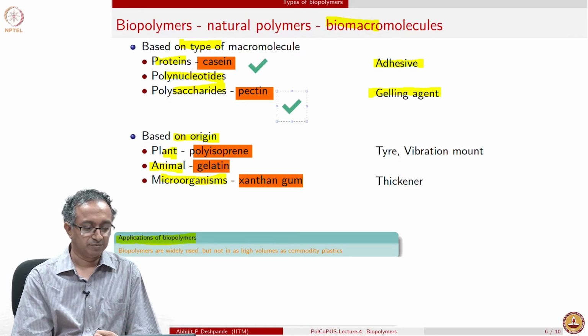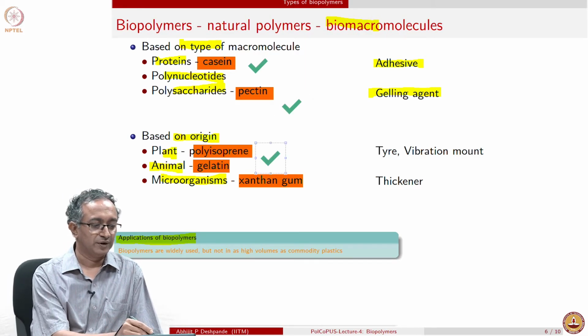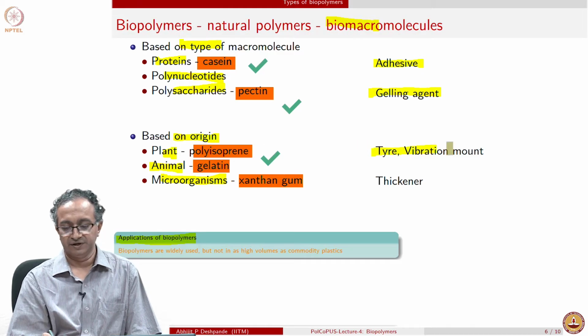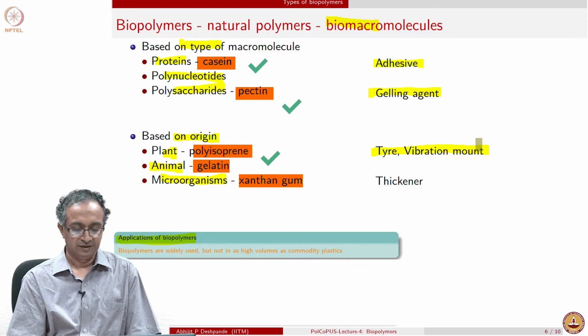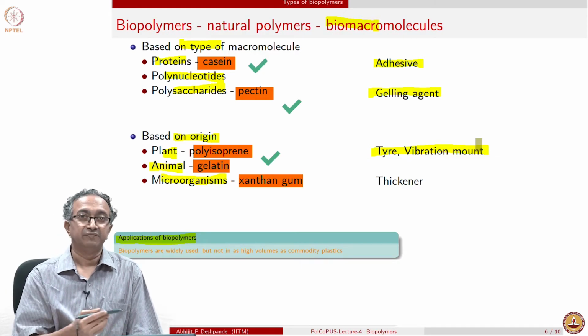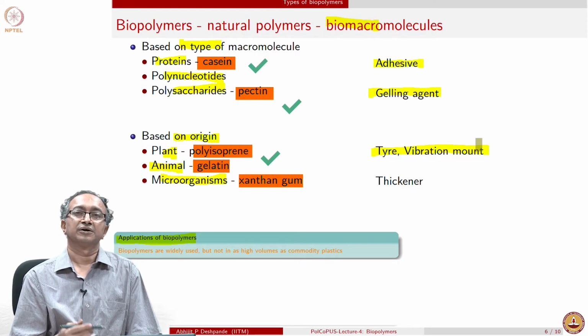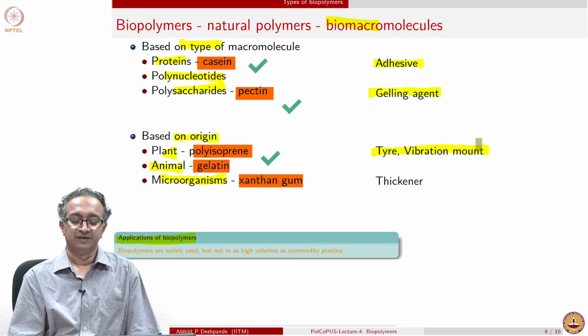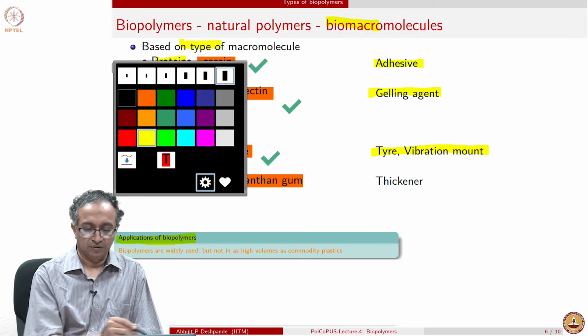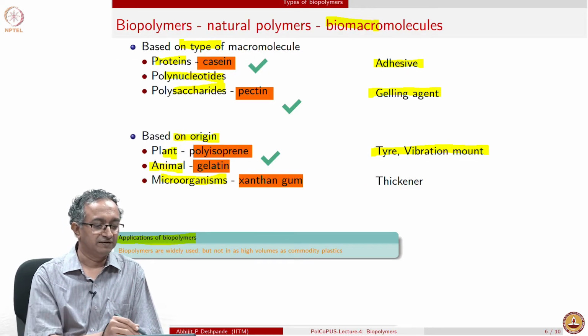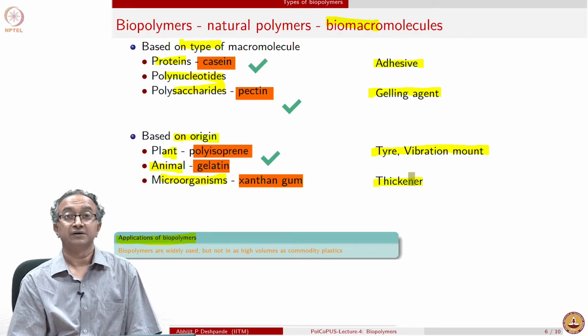Of course, natural rubber is also quite commonly used in a variety of applications, whether it is tires or vibration mounts and so on. Even in shoes or many other footwear applications, we use natural rubber at times. Also, in terms of modifying viscosity, there is the thickener.